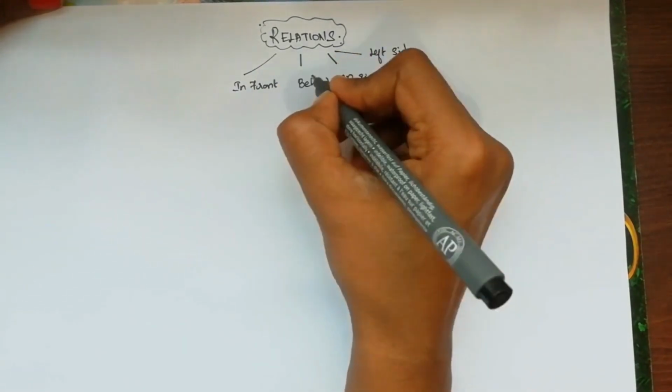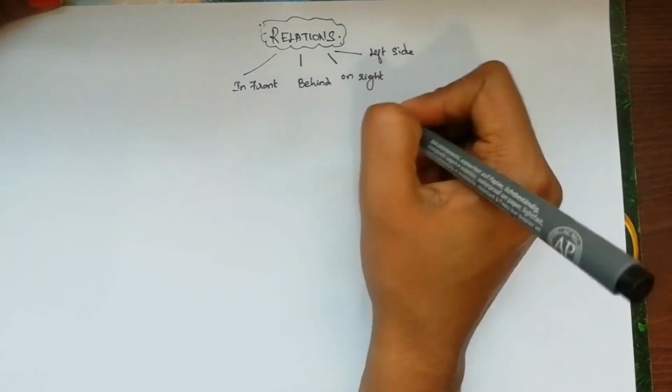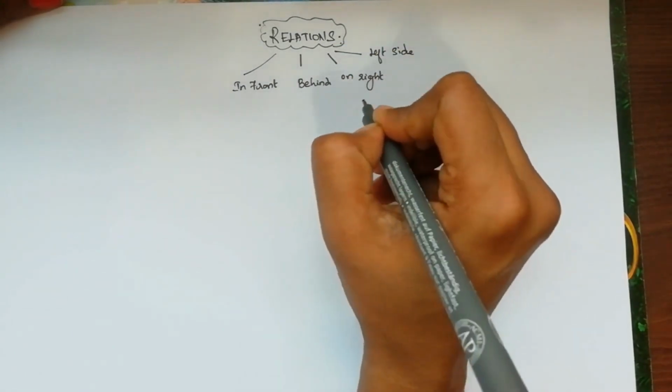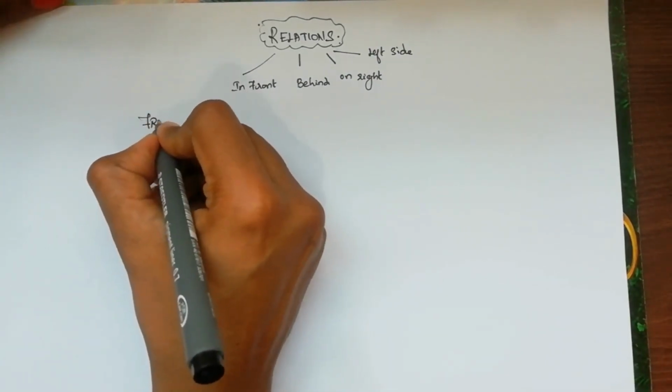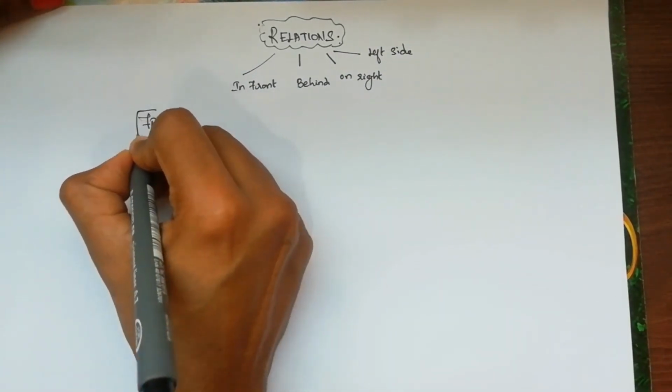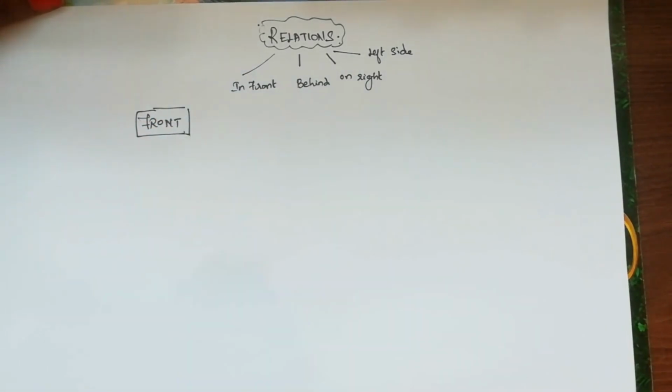These are the areas where we are going to see the relations of this abdominal aorta. First we will move on to the front relation, how it is related in front of the abdominal aorta.